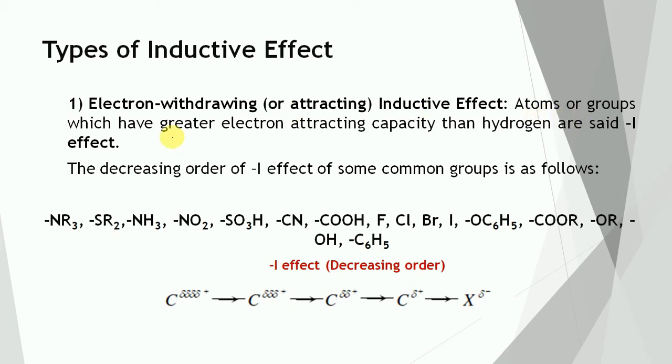Atoms or groups which have greater electron attracting capacity than hydrogen are said to have electron withdrawing inductive effect, and it is also called minus I effect. The decreasing order of minus I effect of some common groups is as follows. So these are various atoms or groups which possess electron withdrawing inductive effect.